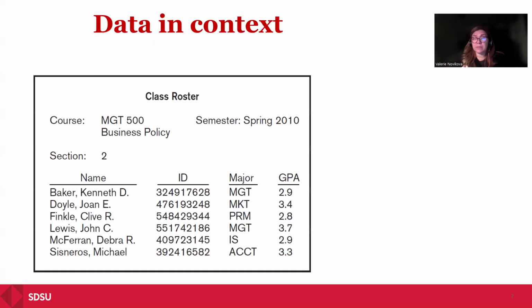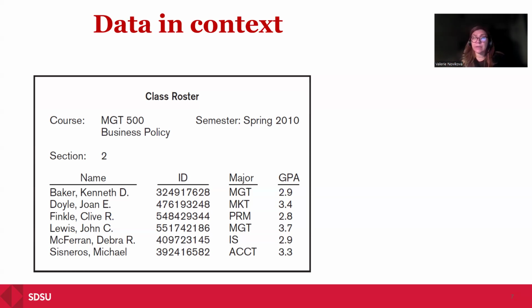Let's look at this image. Now we have the same data, but we know that this data is part of something larger. And this something larger is a class roster for a specific course, MGT 500, which is called Business Policy, for a specific semester and for a specific section.